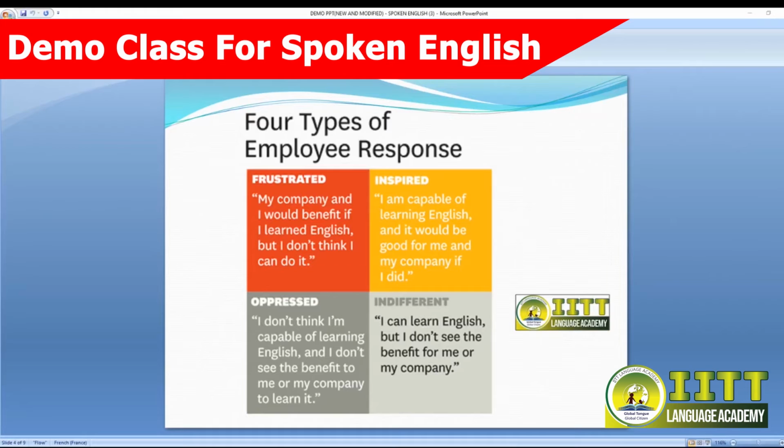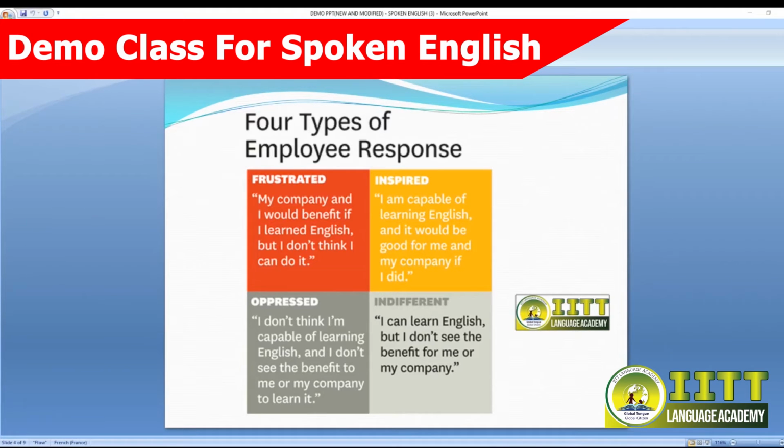Then we have come across the indifferent kind of learners. I can, but I won't. I can learn, but I will not learn. These situations are really helpless, and as a language teacher, I just look up to the inspired people.